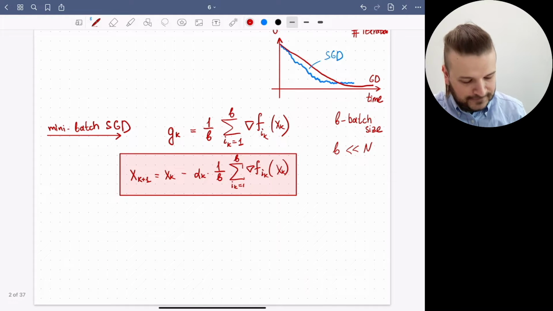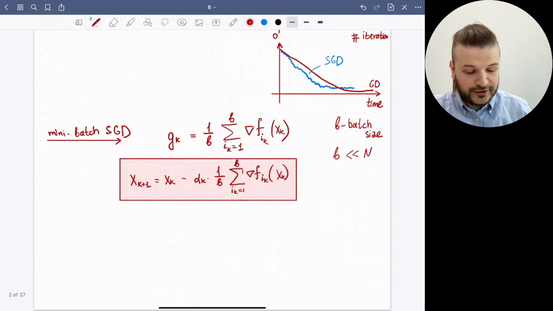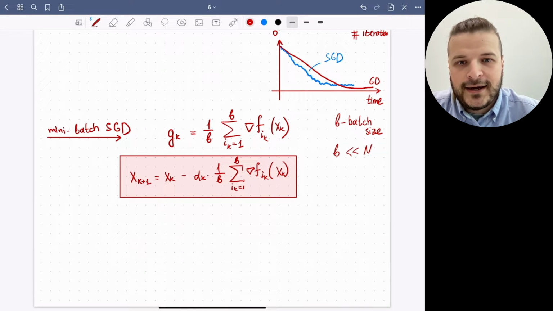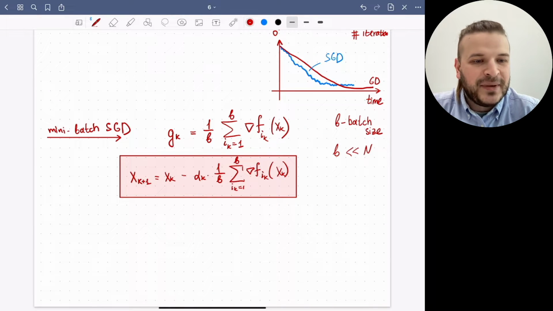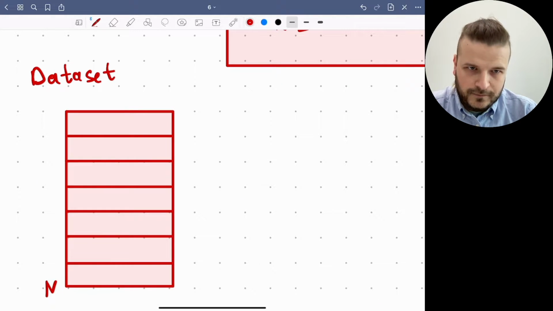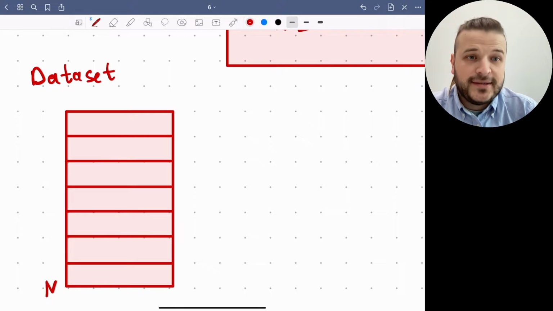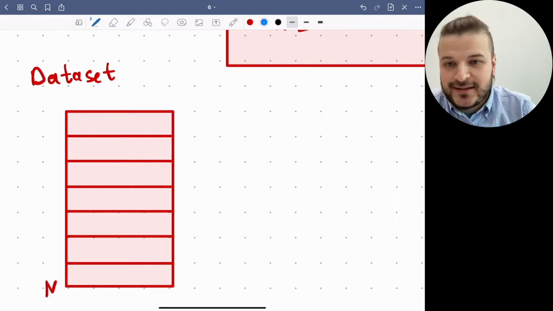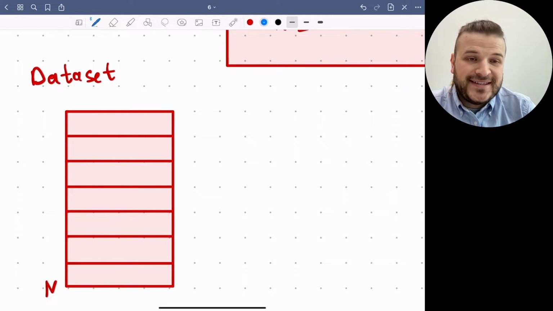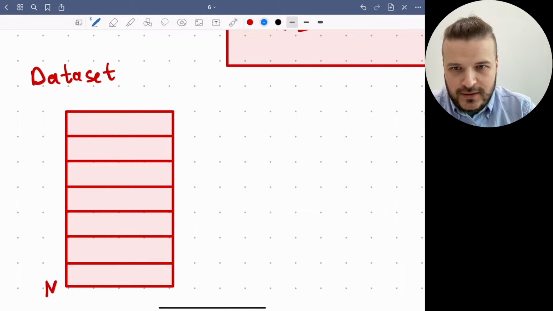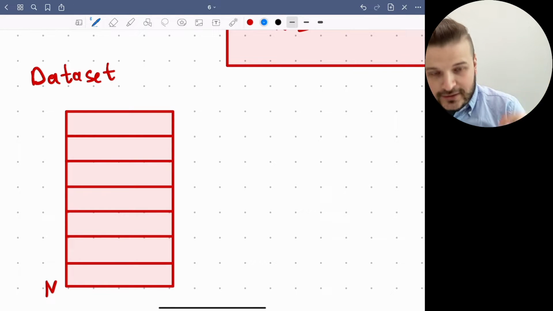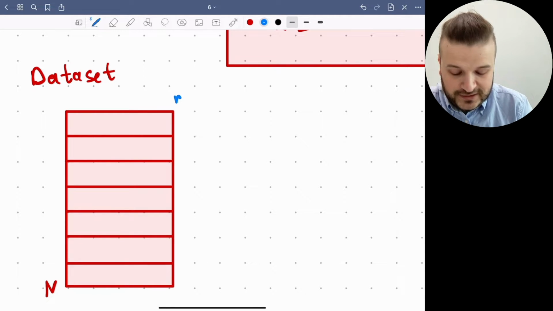That's it, that's a formulation of these algorithms, and we'll have an interesting discussion on what is batch here, what is epoch, and how to select them. Okay, let's describe the idea of the epoch term. Suppose you have a data set presented as a matrix which has n rows, and each row stands for a data point, which could be of, let's say, size n.